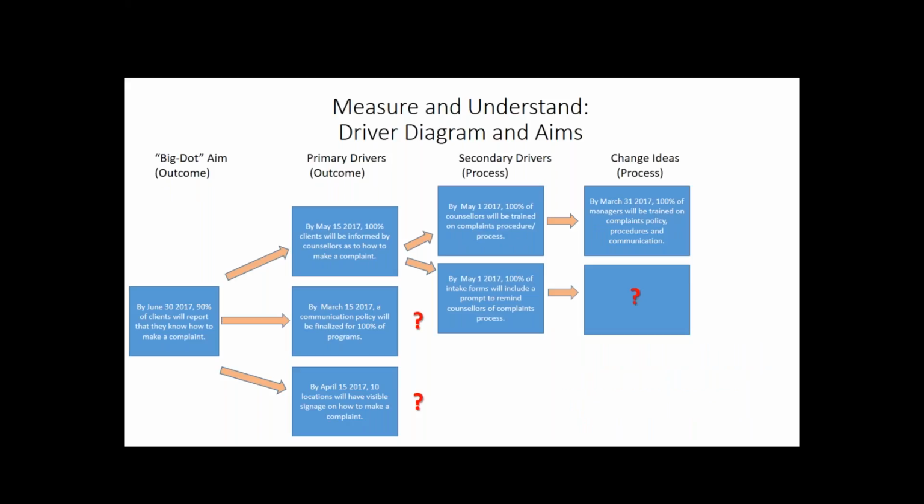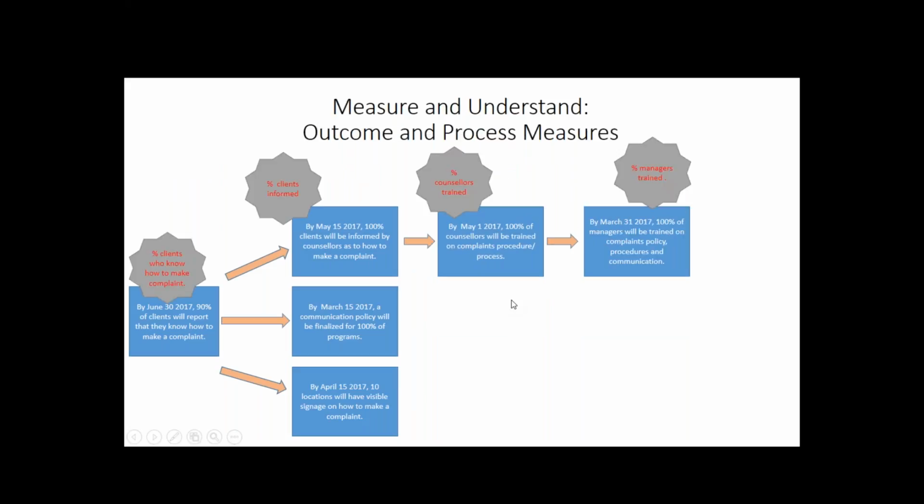It's important to note that there's usually multiple secondary drivers, and there definitely will be multiple change ideas for each of the primary drivers. So we may also want to tackle, for that first one, of clients being informed how to make a complaint, we may also want to have things like a prompt on our intake forms to remind our counselors to inform clients of the complaints process. So other ideas that are still going to feed back to that primary driver.